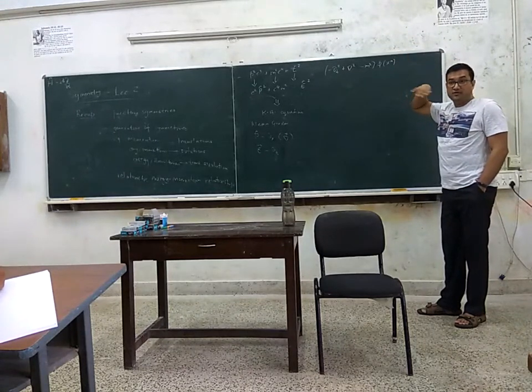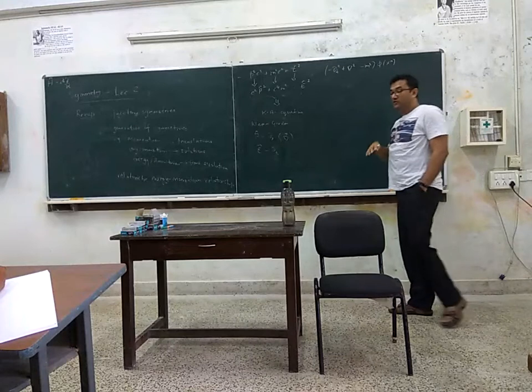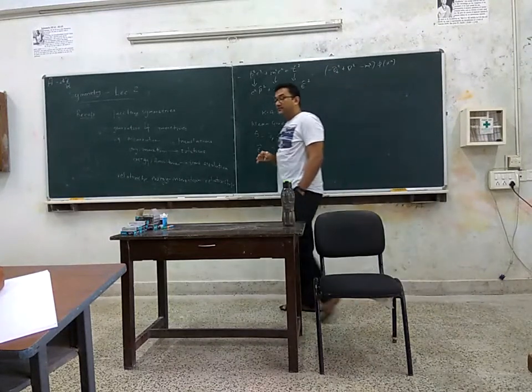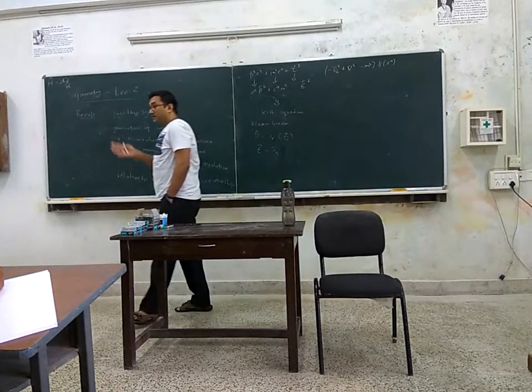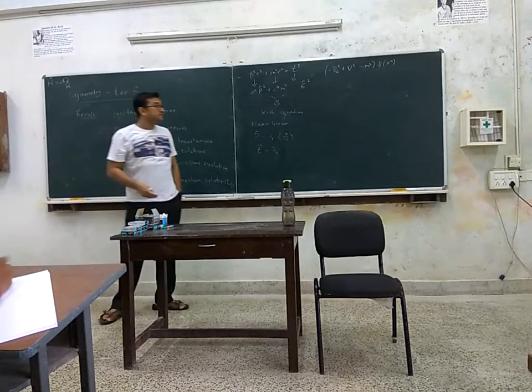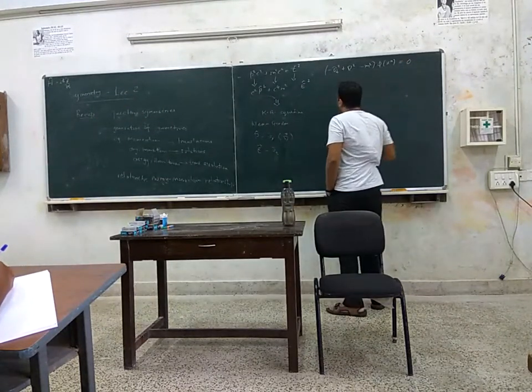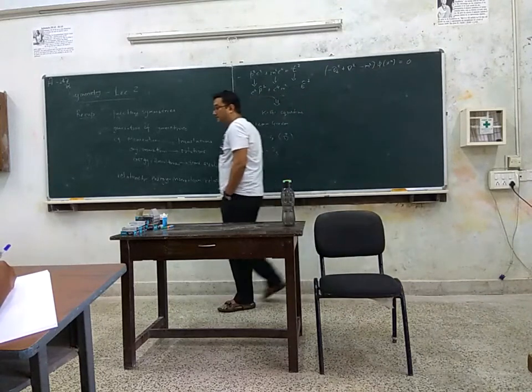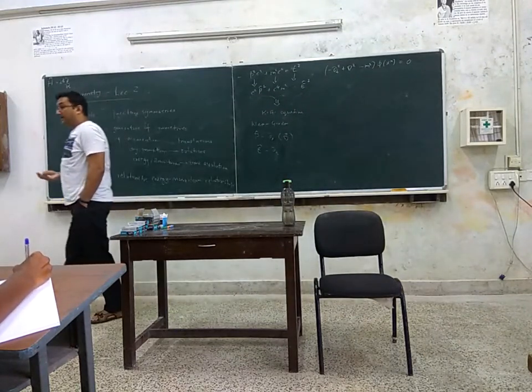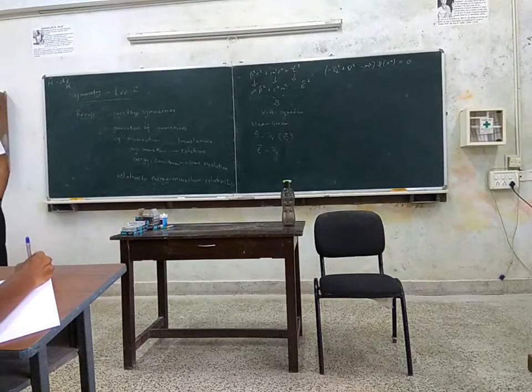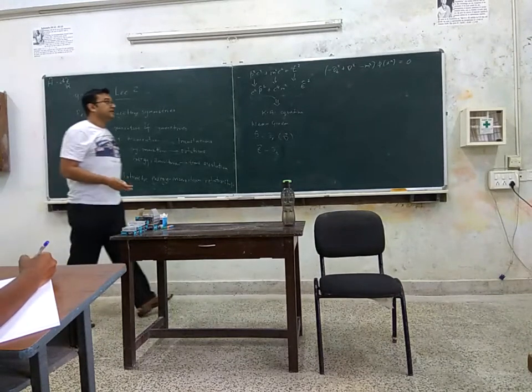So mu, these lowercase Greek alphabets, go from 0, 1, 2, and so on. So this equation is called the Klein-Gordon equation. It is a relativistically invariant equation, right?